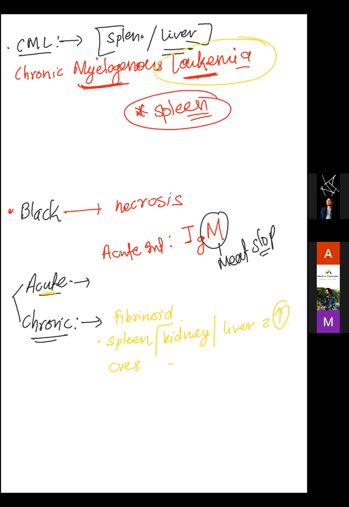Why? Because I think everyone knows from 12th class that the spleen is the graveyard of RBCs. So it has its particular section, lots of dead bodies are there. You can just imagine.